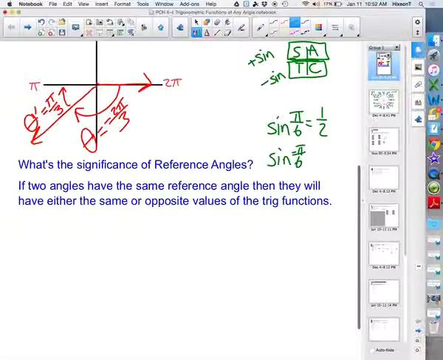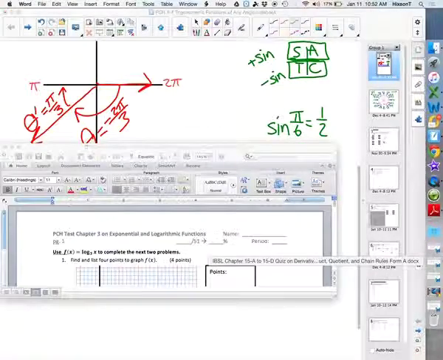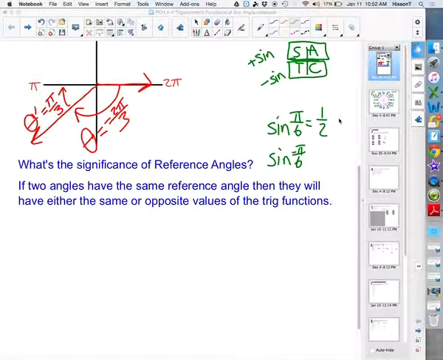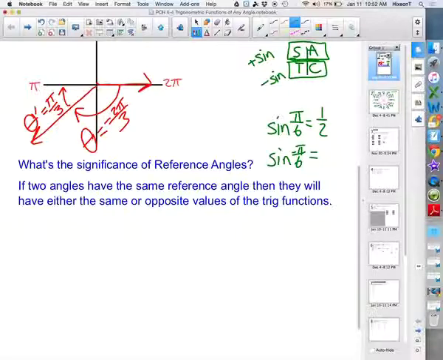What quadrant would that put me in? The fourth. If I'm in the fourth quadrant and I know the reference angle is pi over 6, then what's the value of sine? Negative 1/2. Good. Negative 1/2.